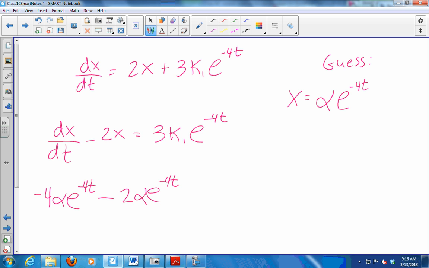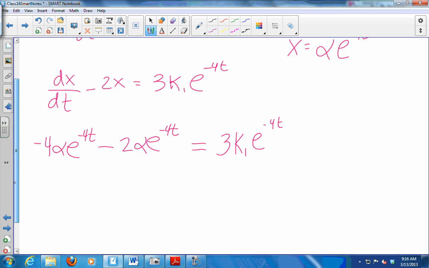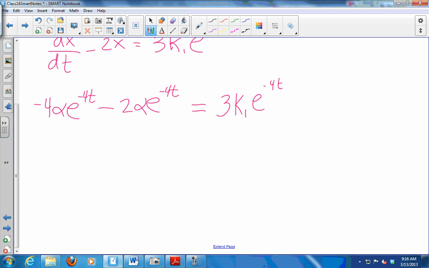I need to force this to equal 3k1 e to the negative 4t. So this is negative 6 alpha e to the negative 4t, because those are like terms, equals 3k1 e to the negative 4t.